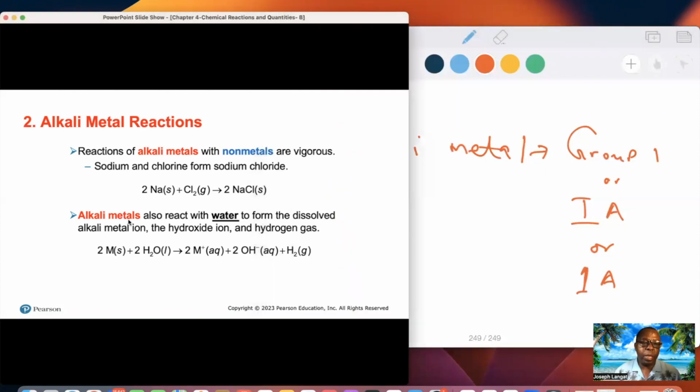If you look at the general format, balancing the equation for group 1, it's a metal hydroxide plus hydrogen gas. So a hydroxide of the metal and gaseous hydrogen is produced. Very reactive, very reactive.